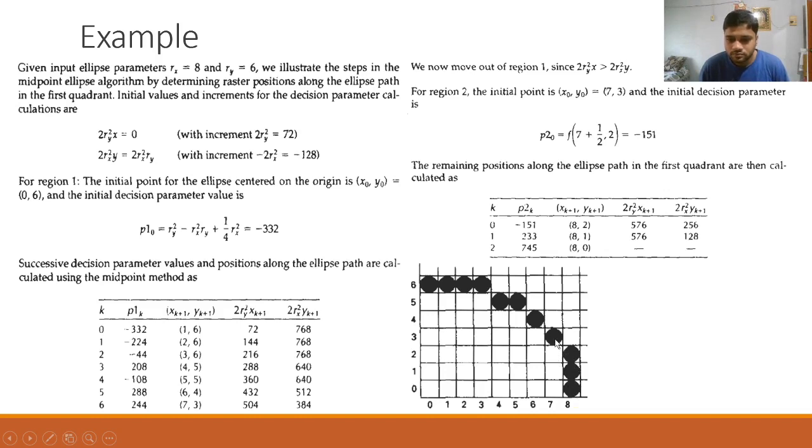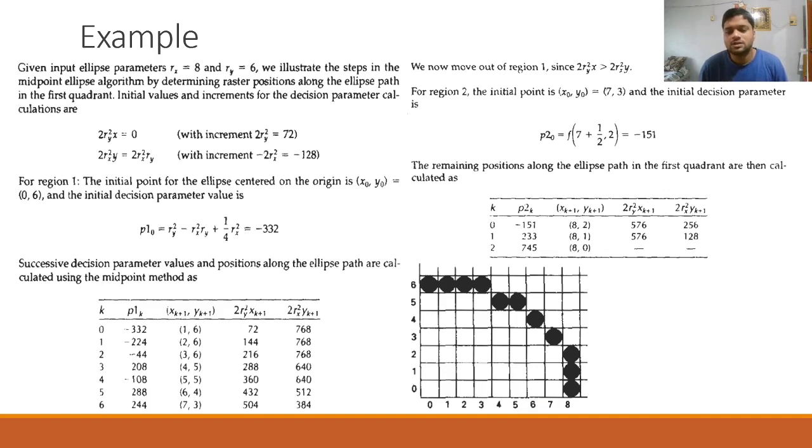When we plot all the points over here, we get the ellipse in the first quadrant, combined region 1 and region 2. And we copy this 3 times.